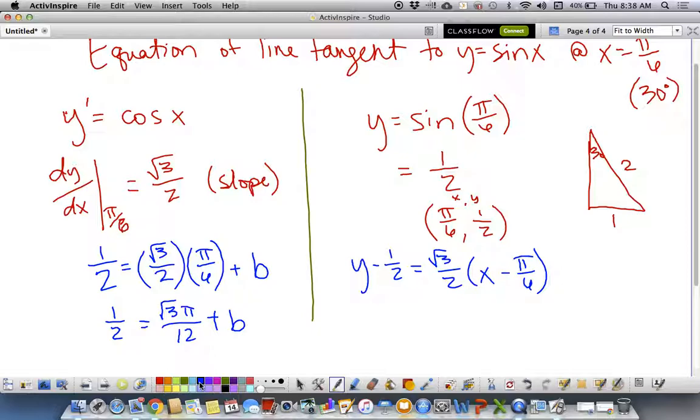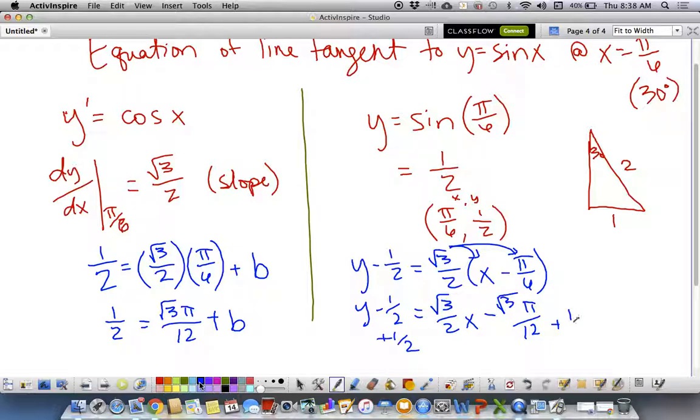Either way, on this side or this side, you're either subtracting square root of 3 pi over 12 from a half, or you're adding a half to both sides.